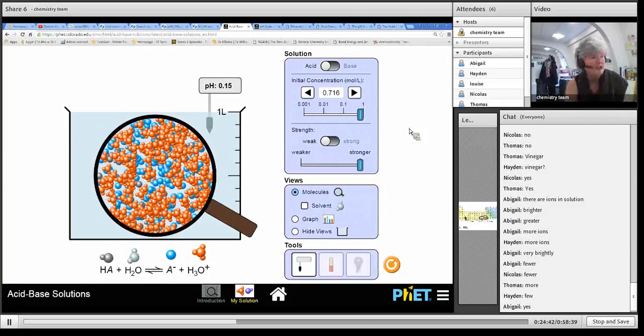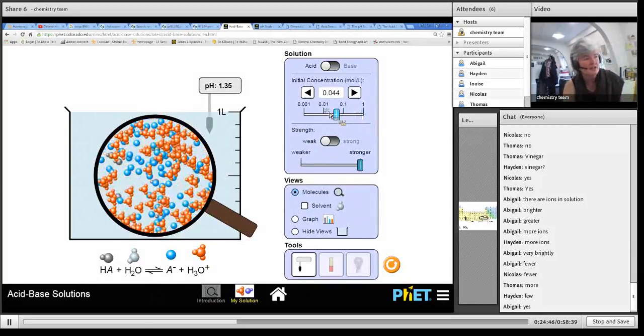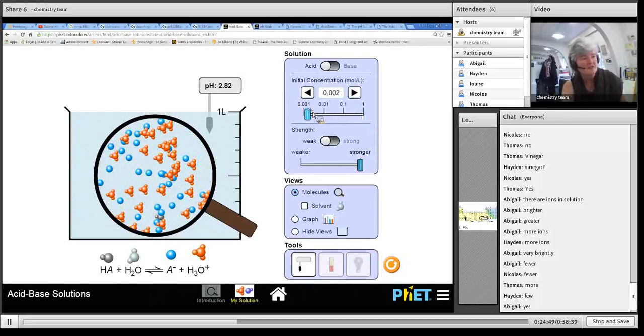So if I decrease my concentration, I'm only going to 0.001, so it's only going to get to 3. But if I decreased it even more, then it would go even higher. So you could have a strong acid solution, a solution of HCl, as long as it's dilute enough, with a pH of 6.